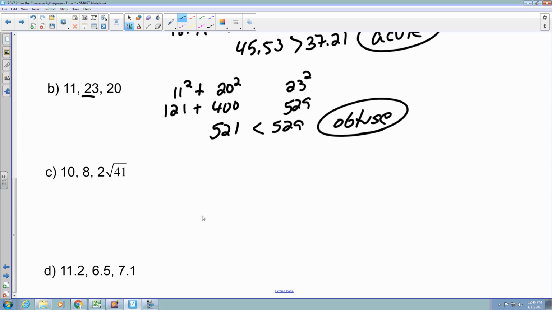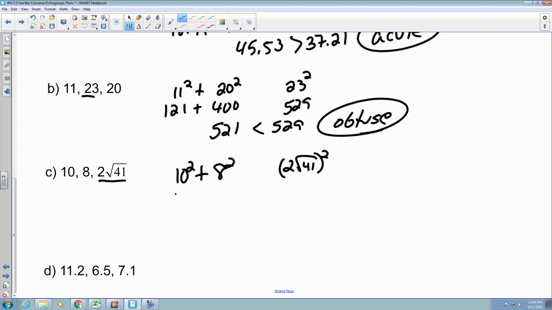Next, square root of 41 times 2 gives me 12.8. That is larger than 8 or 10, so that's going to be my value of c. So I can say 10 squared plus 8 squared, and then I want to see if it's 2 times the square root of 41 quantity squared.